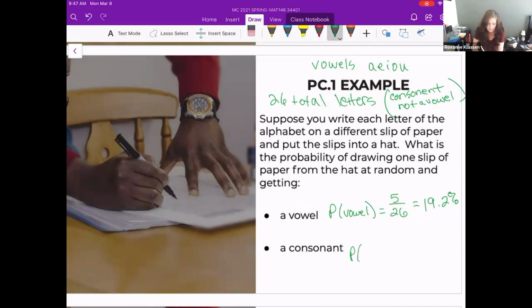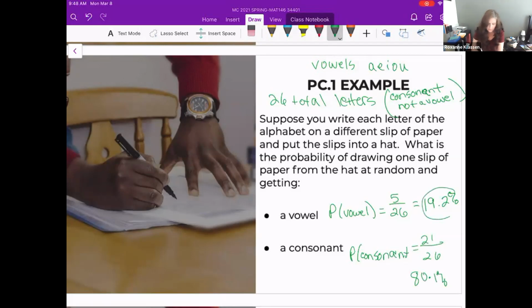And then the probability of a consonant? 21 over 26. Very nice. 21 over 26. And if you divided that on your calculator, you would get 80.1% or so.